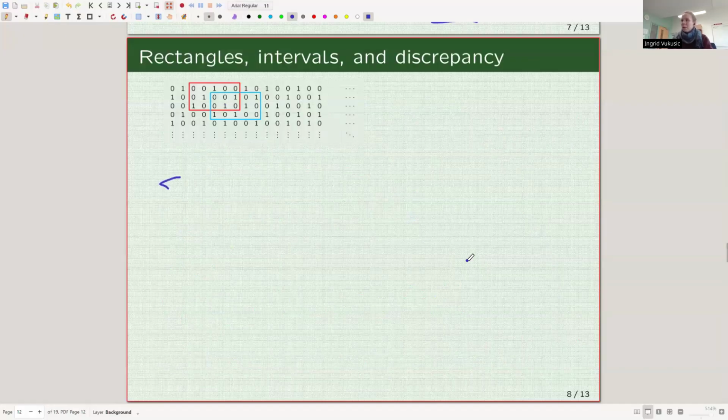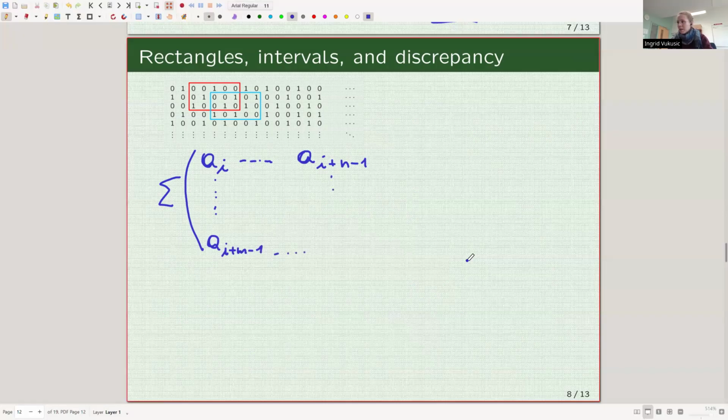So remember, we wanted to sum over the rectangles where, let's say we've got index i in the top left, and let's say we've got n columns, and let's say we've got m rows, i plus m minus 1, and then this guy is going to be i plus m plus n minus 1.